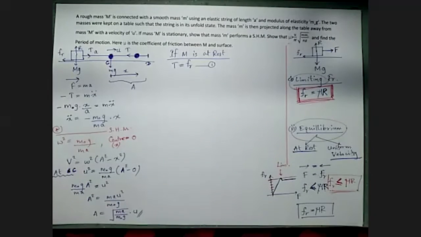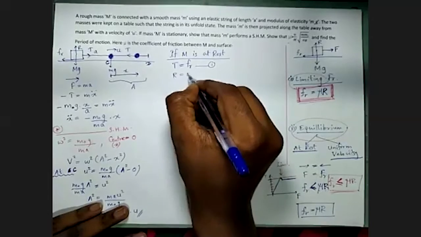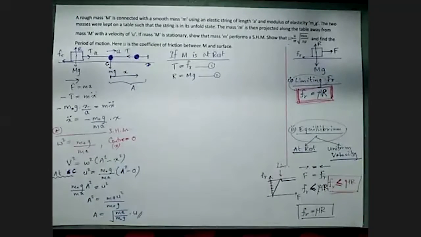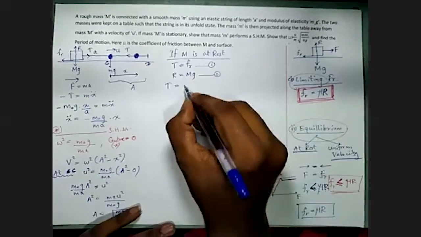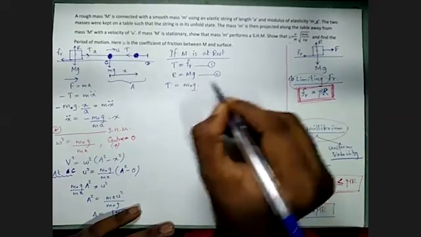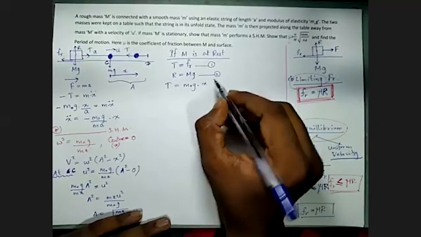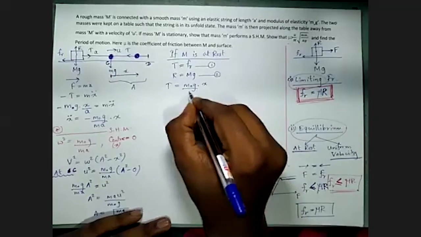And here we have a perpendicular reaction applied from rough surface to M. Then R is capital Mg, second equation. And also we know tension is equivalent to modulus of elasticity into extension, which I can take as x over natural length A.